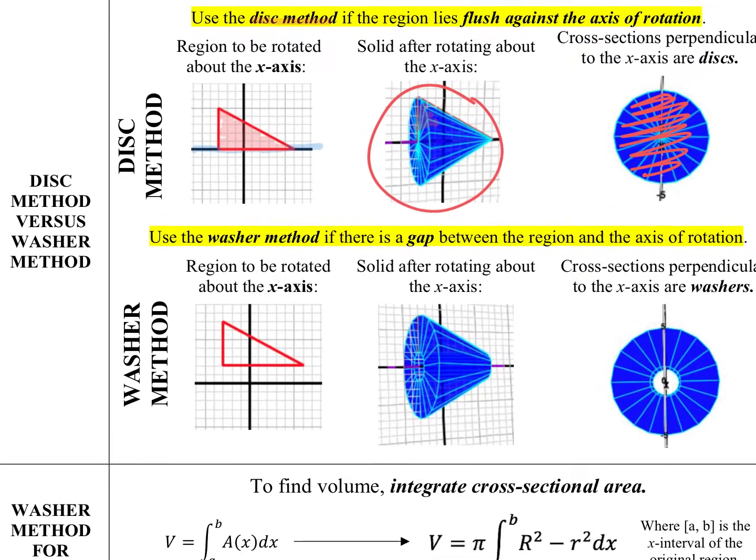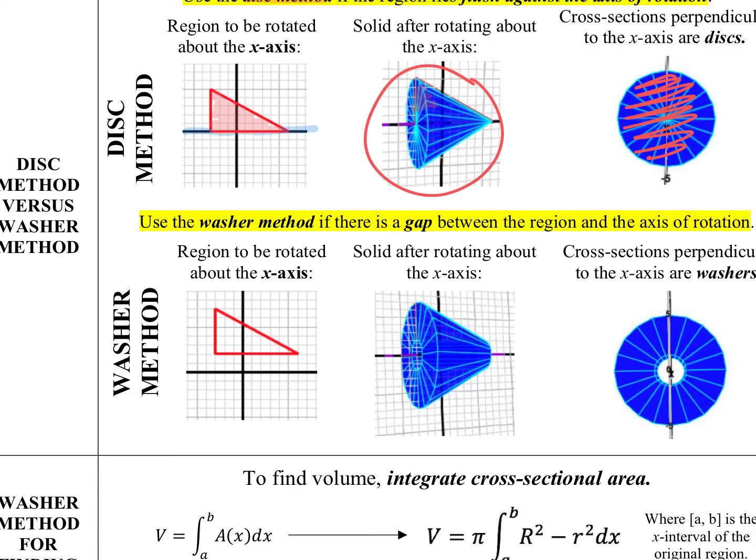In the method we're going to talk about today, the washer method, our region is not flush against that axis of rotation. My axis of rotation is the x-axis. My region is this triangular region. And you notice that I have a big space in between the two.